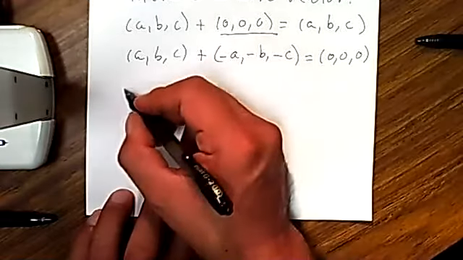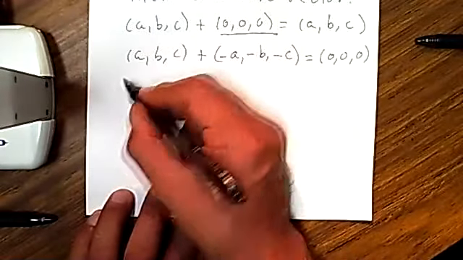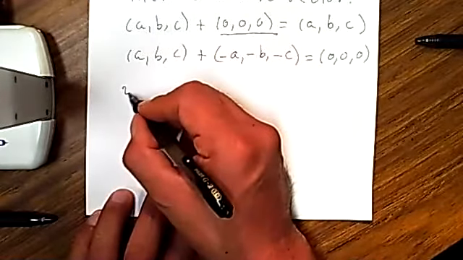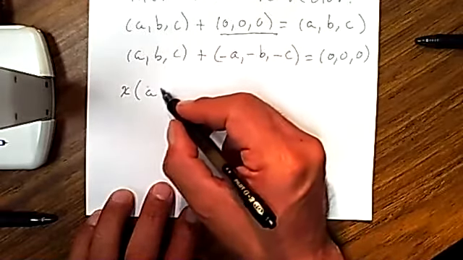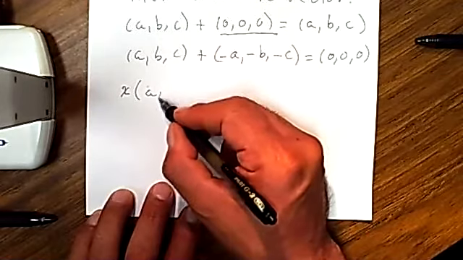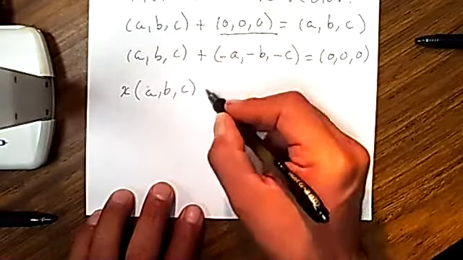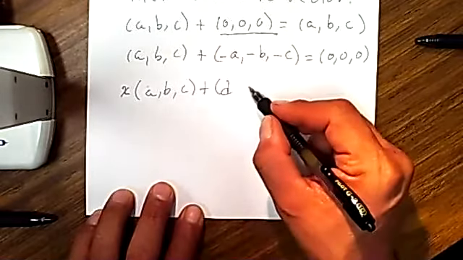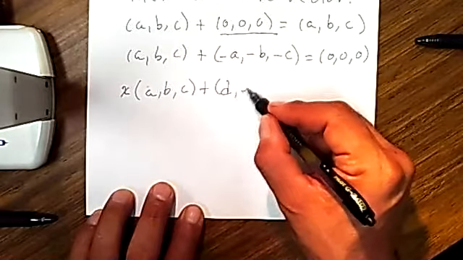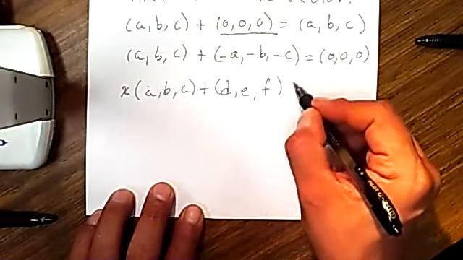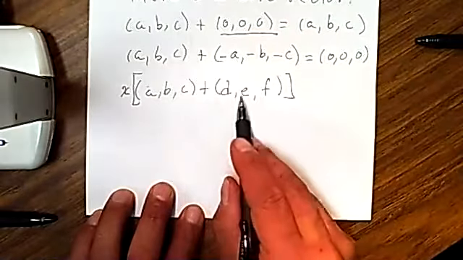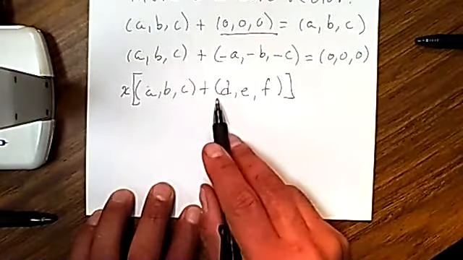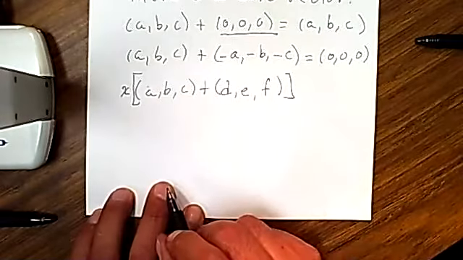We have distributive, so if we have x multiplying a, b, c plus the d, e, f, the sum of 2 vectors. So we're going to put this in brackets. So we add 2 vectors. Whatever the answer is, we multiply by x, by the scalar x.